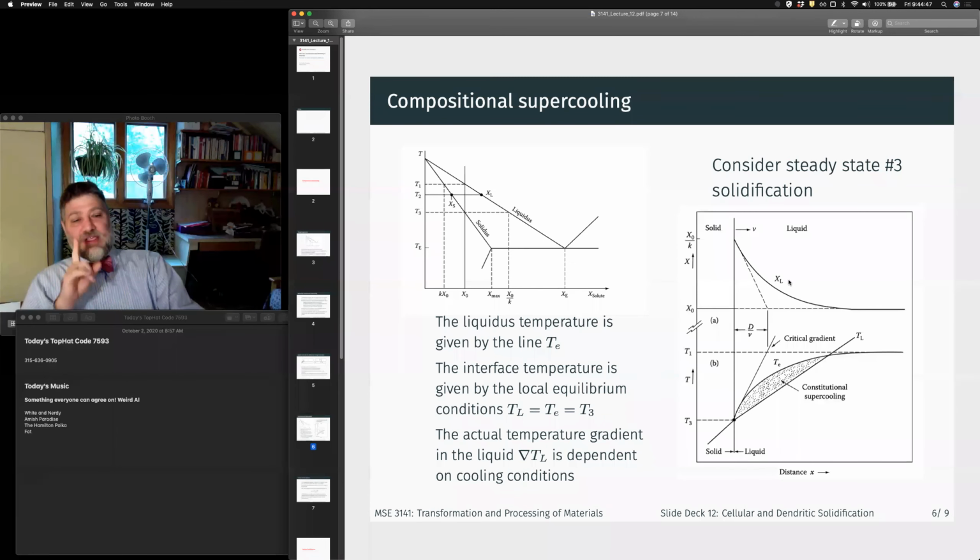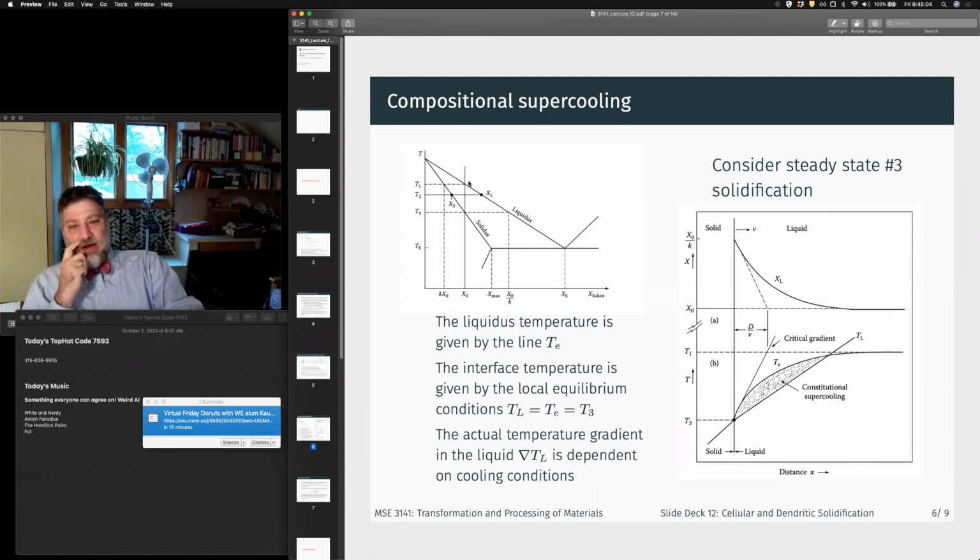That's not the physical temperature of the liquid. It's the equilibrium solidification temperature, and this T sub E is given by the liquidus line. So as we go out, our equilibrium solidification temperature gets higher and higher until our concentration gradient goes away and we're back at our liquid composition of X naught.